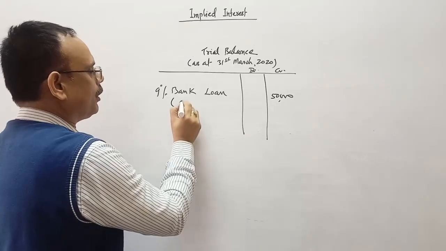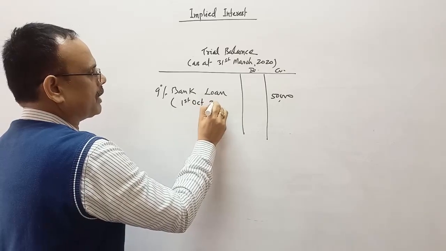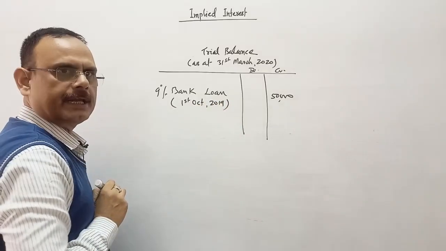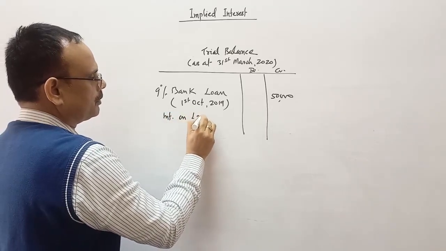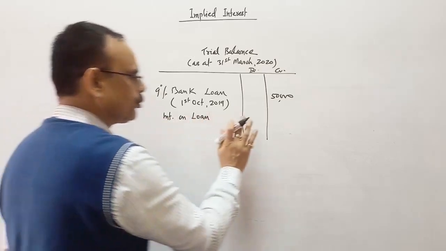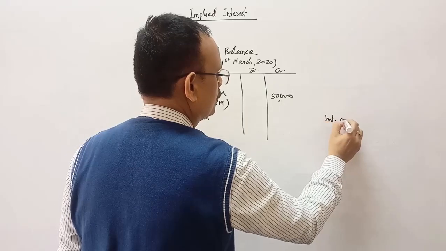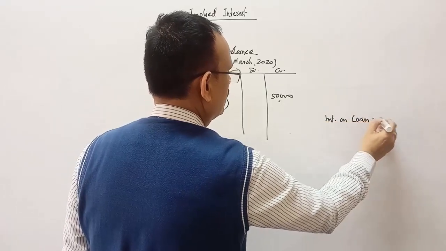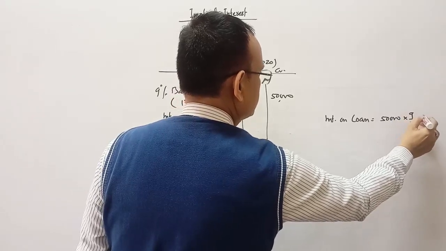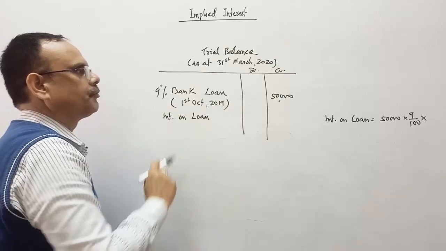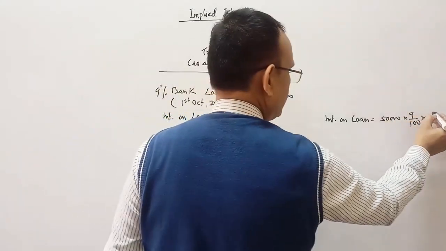This loan is taken on 1st October 2019, the date of taking the loan. You calculate the interest on loan. 50,000 is the loan amount, the rate of interest is 9%, and interest will be calculated from 1st October to 31st March, 6 months, 6 upon 12.